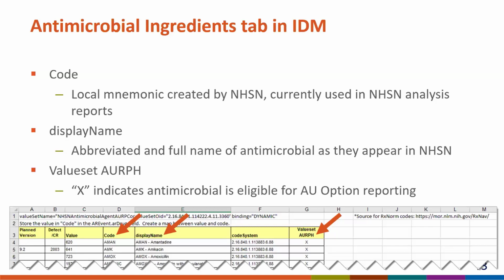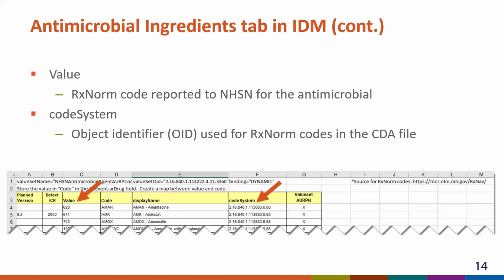If there's an X in this column, that indicates that the antimicrobial is eligible for AU option reporting. The value column is the RxNorm code reported to NHSN for the antimicrobial. The code system column is the object identifier, or OID, used for RxNorm codes in the CDA file. So this will always be the same generally, since all of the codes are in RxNorm.